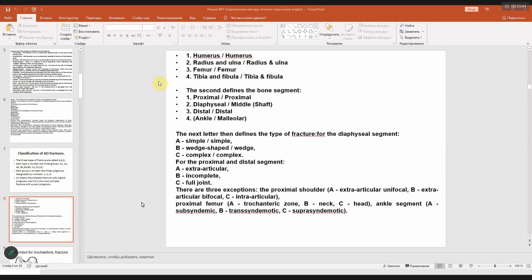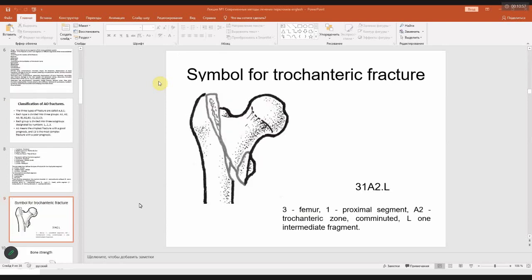Ankle segment: A, subsyndesmotic, B, transsyndesmotic, C, suprasyndesmotic. For example, the symbol for a trochanteric fracture: 3-1-A2-L1. 3 femur, 1 proximal segment, A2 trochanteric zone comminuted, L1 intermediate fragment.